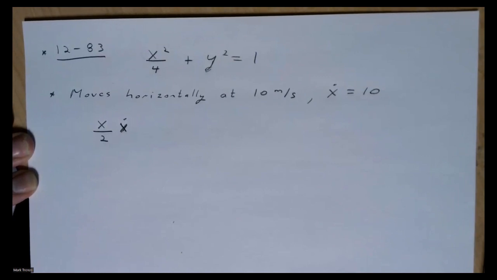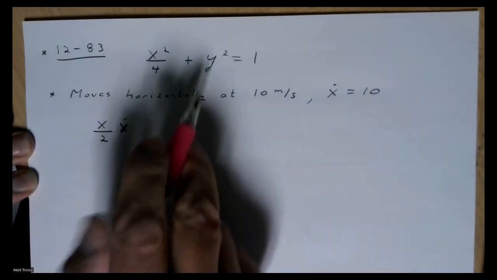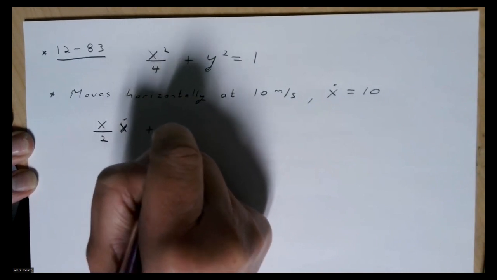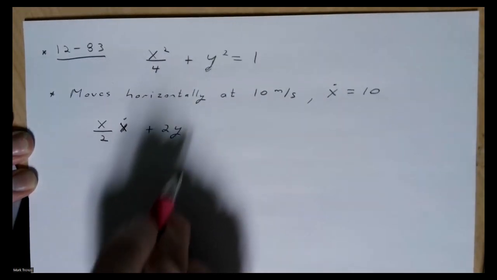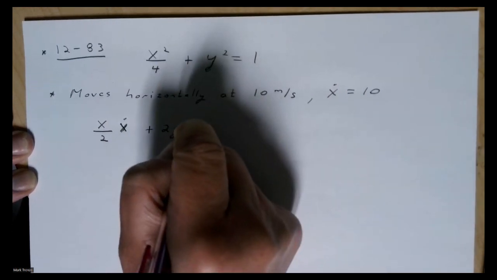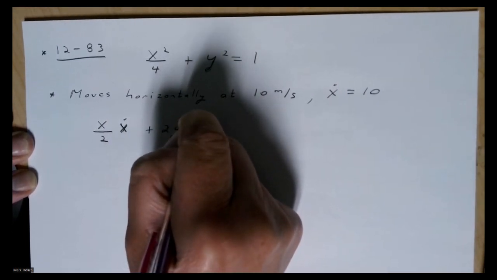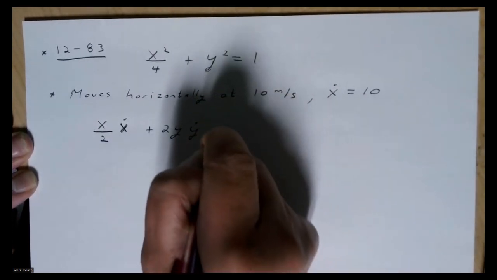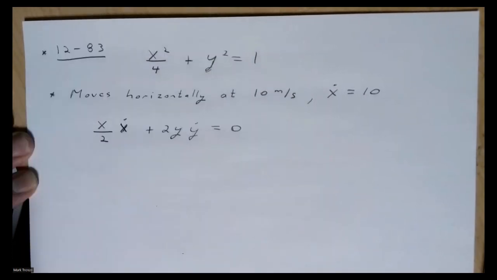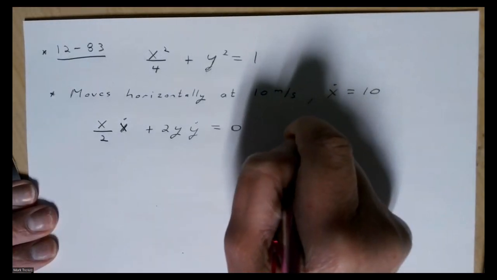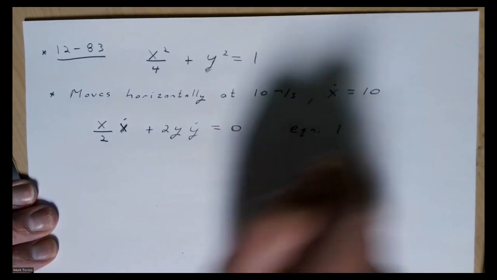And then same thing over here. This is going to be 2y, then times the derivative of this, because it's some function of t that we don't know. So that's going to be y dot. And on the right-hand side, the derivative of the constant is going to be 0. Again, we'll call this equation 1 because we're going to refer to that.